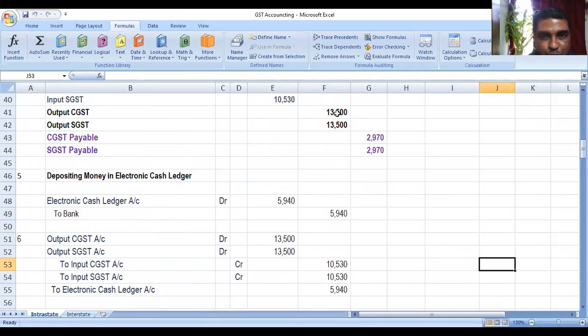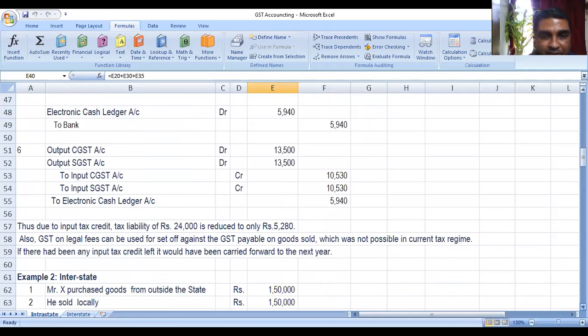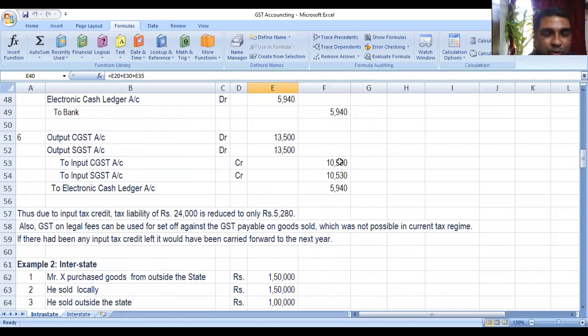These two credits are available, 10,530 and 10,530. So I am making use of that: input CGST 10,530, input SGST 10,530, and the balance.